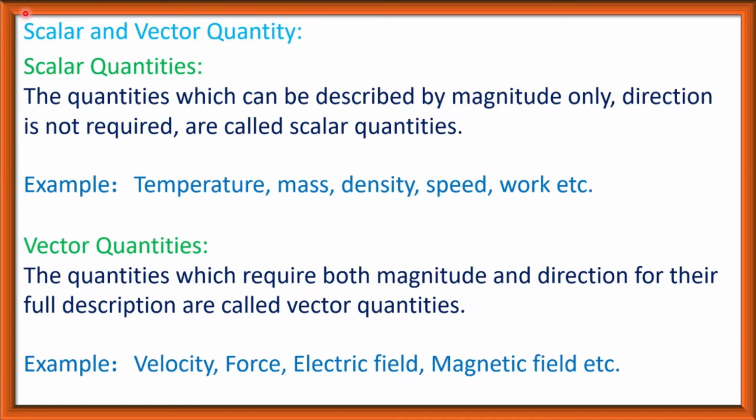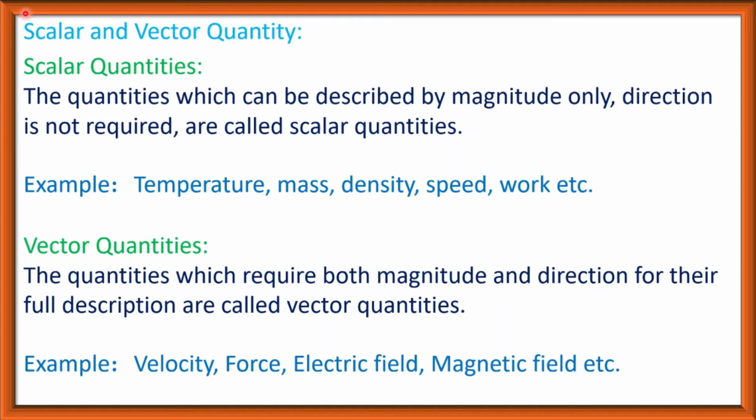Here 50 is the magnitude of the velocity and north is its direction.